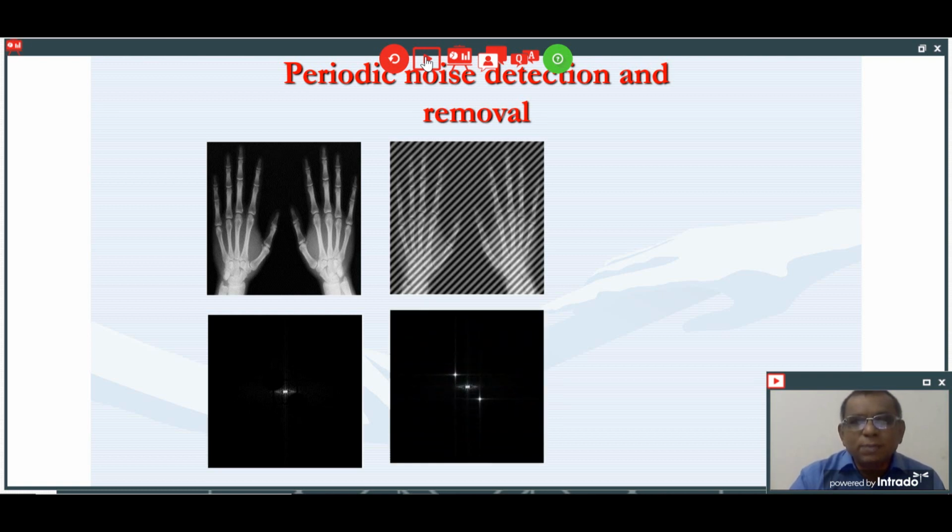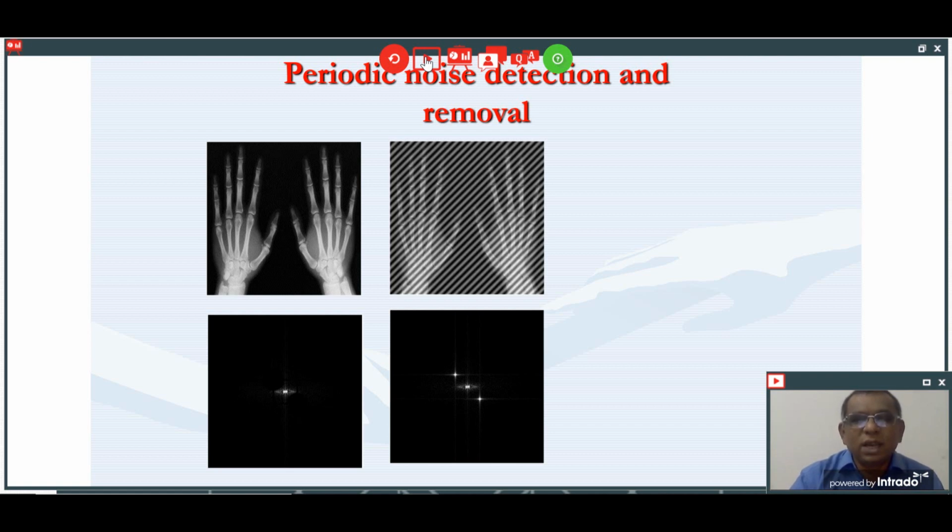If we observe the spectrum of this periodic noise, we get two additional peaks in addition to the original spectrum. One corresponds to the sine wave e power j omega, the other corresponds to e power minus j omega. We know very well that sin theta is equal to (e power j theta minus e power minus j theta) by 2j.